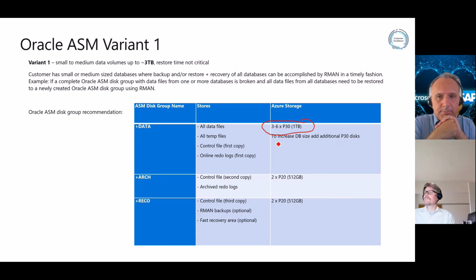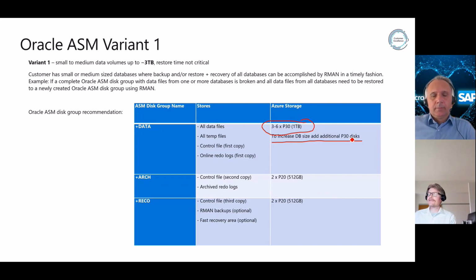And if you run out of space, just simply add in another P30 disk. There's a one-line command using the ASM utility. If we have time, I'll show you this. That'll add in another 1 terabyte, and then ASM will go and rebalance, handle everything for you. You don't have to do anything.